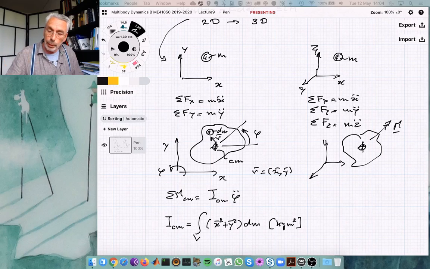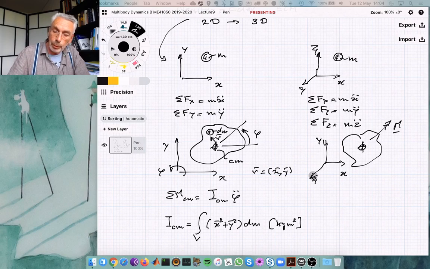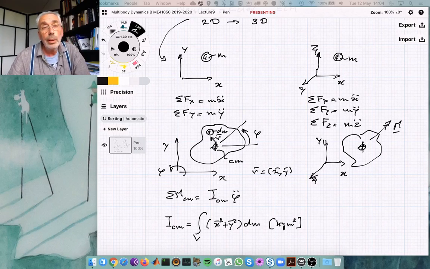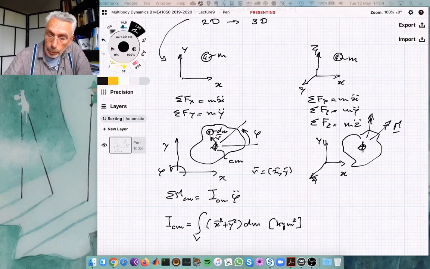But now in the three-dimensional world, x, y, z, we not only have rotation about the z-axis, but also about the x-axis and the y-axis. So in general there is an angular speed vector.